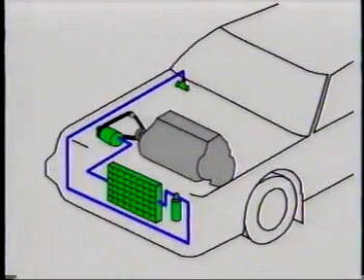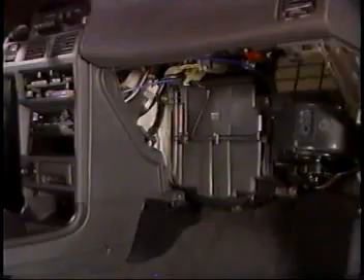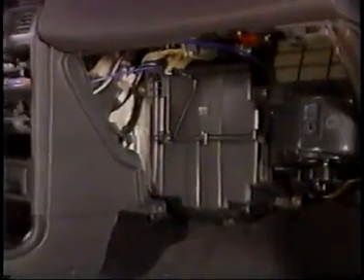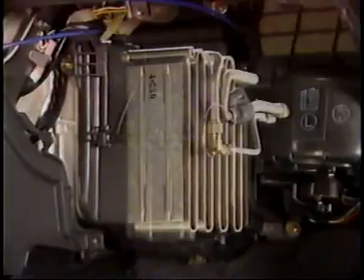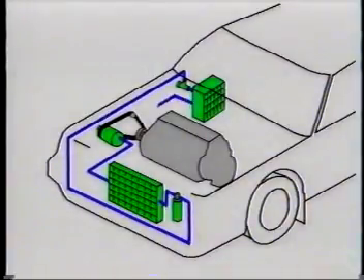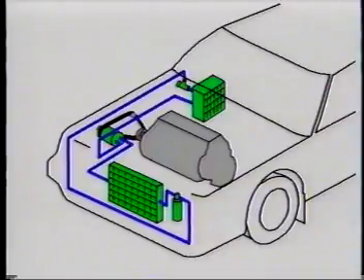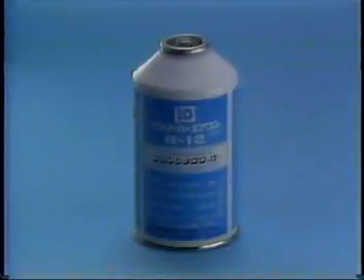And the expansion valve is connected to an evaporator. These main components are connected by pipes and hoses, and a cooling gas or refrigerant flows through these components, pipes and hoses. Now, let's study the refrigerant.